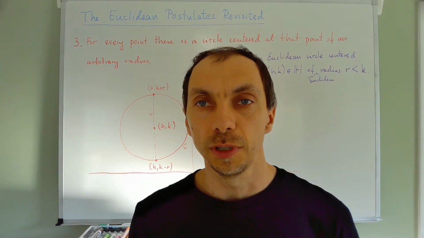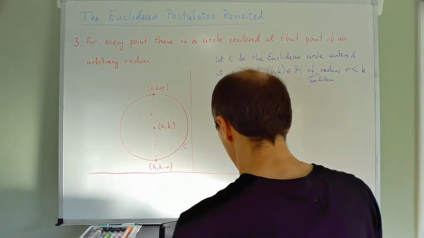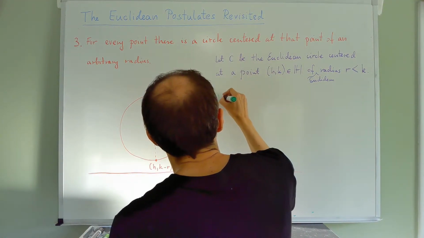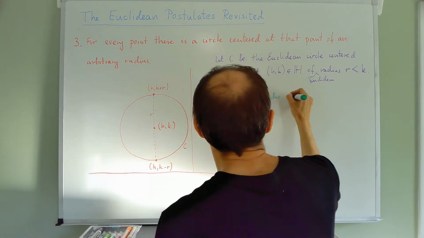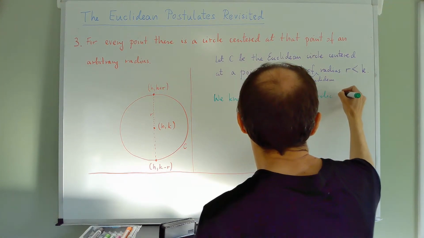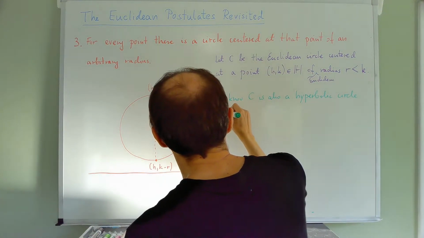And actually, let's compute its hyperbolic radius. So we know C is also a hyperbolic circle. So let's compute its center and radius.